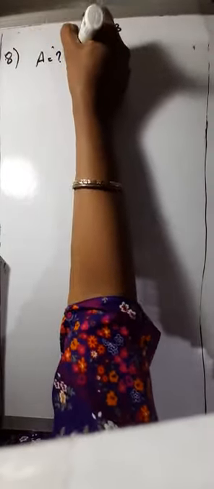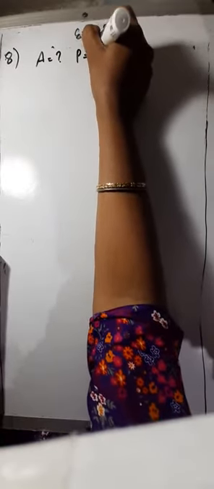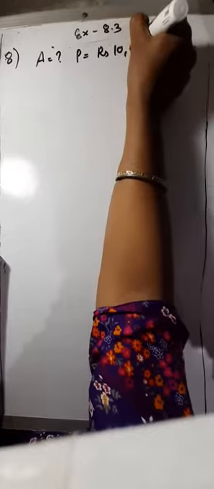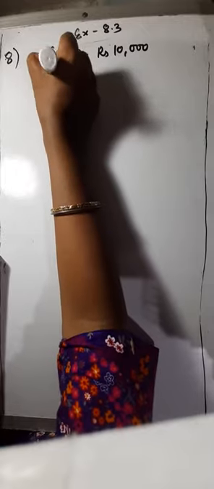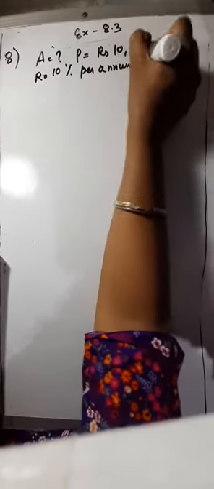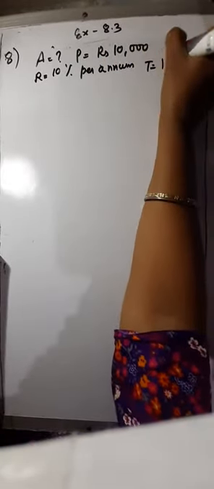Find the amount of compound interest on rupees 10,000 for 1.5 years at 10% per annum, compounded half yearly. Would this interest be more than the interest he would get if it was compounded annually? So we find amount. Principal amount is rupees 10,000. R is 10% per annum, and time is 1.5 years.